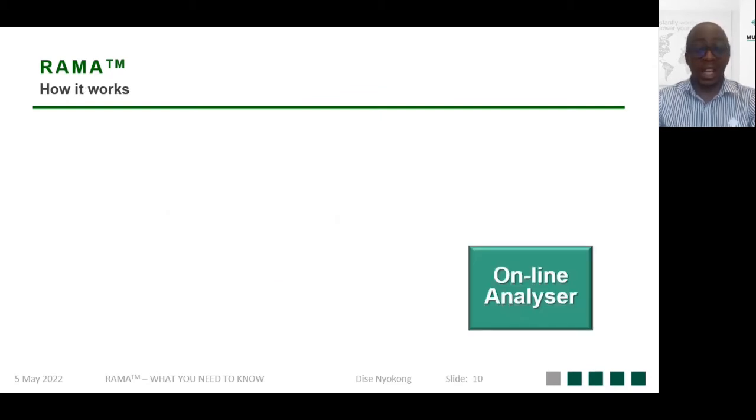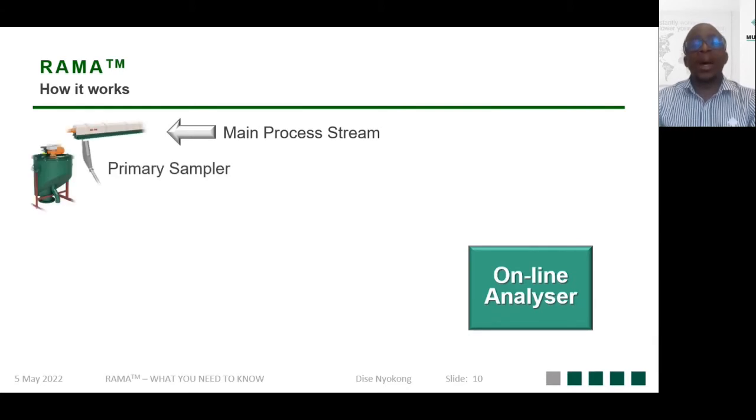And then how does this setup really work? You will have an analyzer, and then right in a main process stream, you would have a metallurgical accounting primary sampler, as compared to a process control pressure pipe sampler or a shark fin that is being used, and that will feed a hopper where timed increments are collected.